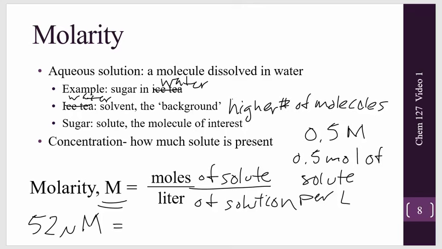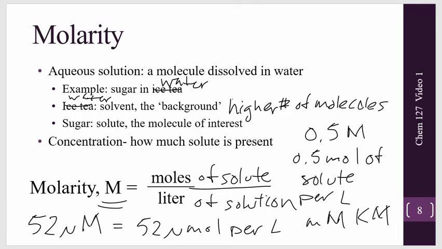That means there are 52 micromoles of the solute per liter of solution. So we can have things like micromolar, millimolar, and if you wanted to go wild, maybe kilomolar. Now that we know a little about moles, we can determine how many are in a certain solution and what the concentration is.